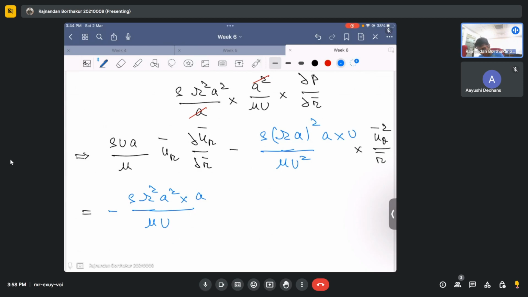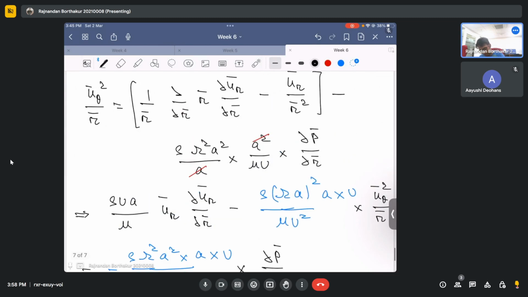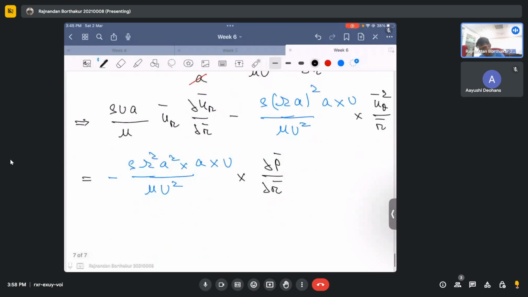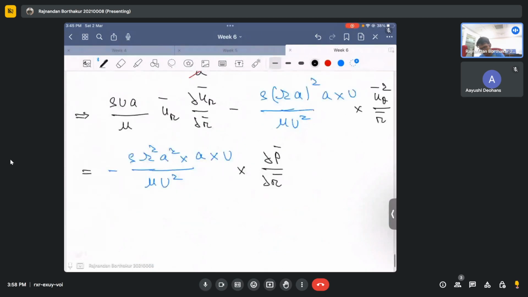Similarly, here also I'll do the same exercise. I will multiply by u on both the numerator and denominator, and that's why this becomes u squared. And then this term will be there, del p bar by del r bar. Then we have the viscous term, which is just unperturbed.